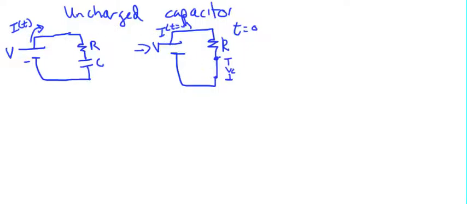We can do Kirchhoff's loop law to figure out the voltage which drops around this loop. So we'll get minus V plus V sub R plus V sub C equal to 0. But we already went over that V sub C is 0, so we can get rid of that.